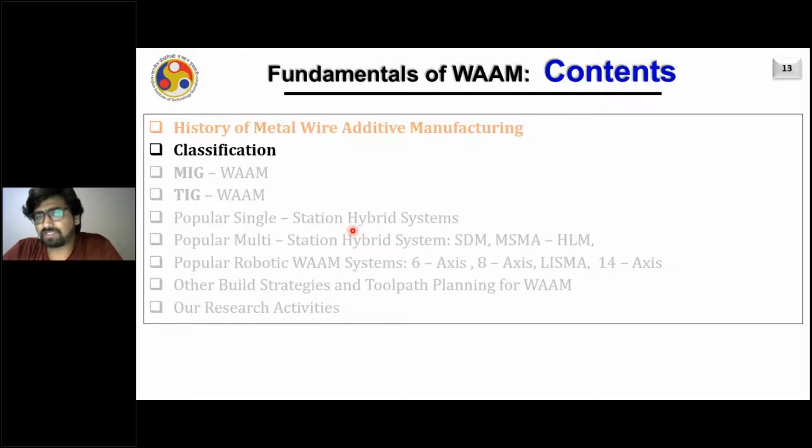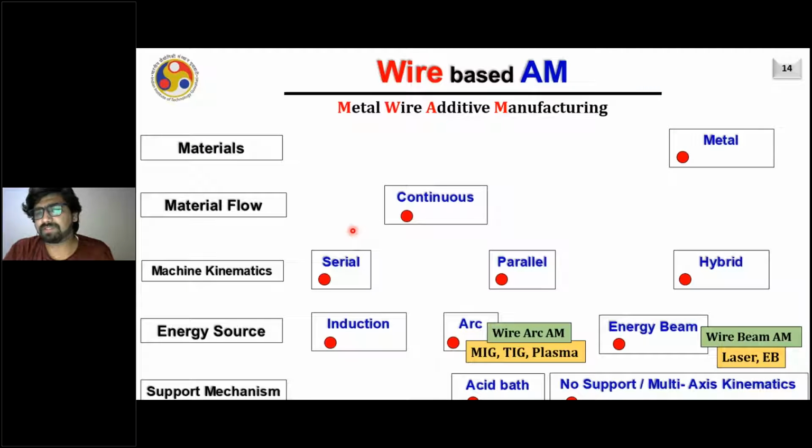So I'll just talk about the classification now. You have seen many things, right, in the different types of metal wire additive manufacturing processes. Particularly as today's focus is on the material which is only metal, I'm writing here only metal, and it is because we are focusing on metal wires. Then how are we going to transfer the material onto the substrate? Just continuously.